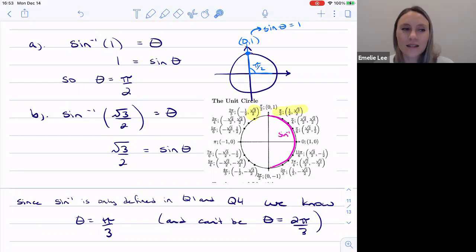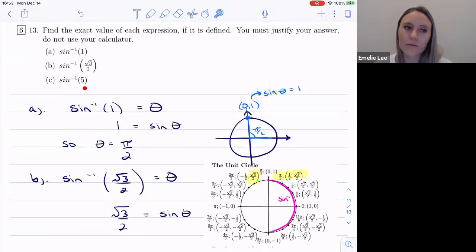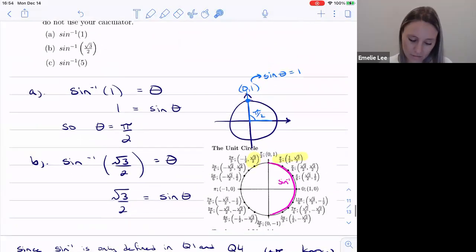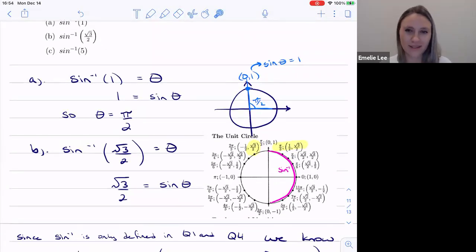And so sine inverse of 5 is undefined, right? Because sine inverse can only take values between -1 and 1. Okay. I'll leave that one for you to articulate.